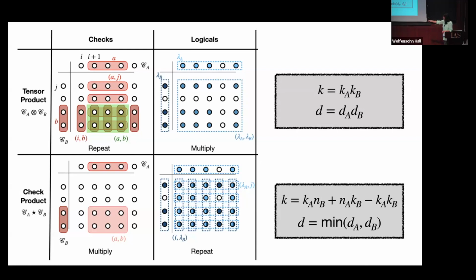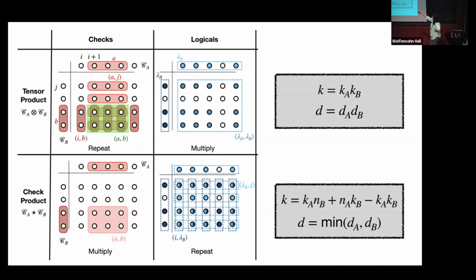And when you do this, what you can show is that in this first problem, when you compose things that way, your logicals actually also multiply. You repeated your checks, but that causes your logicals to multiply. So if you had a 1D Ising model times a 1D Ising model becoming a 2D Ising model, the symmetry of the 2D Ising model is flip everybody.